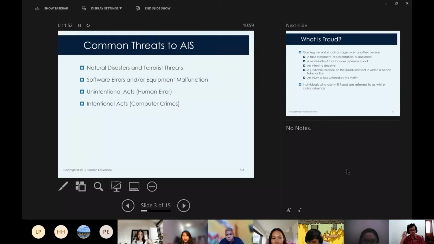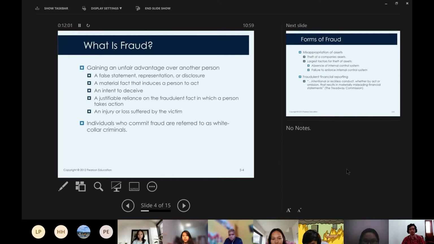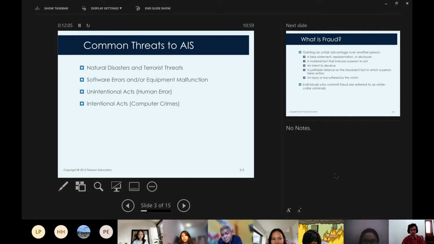Somebody grabbed my mobile phone and ran away. That happens, and that's an intentional act. So the most dangerous of the common threats to accounting is this one, intentional act. In accounting, it is called fraud.